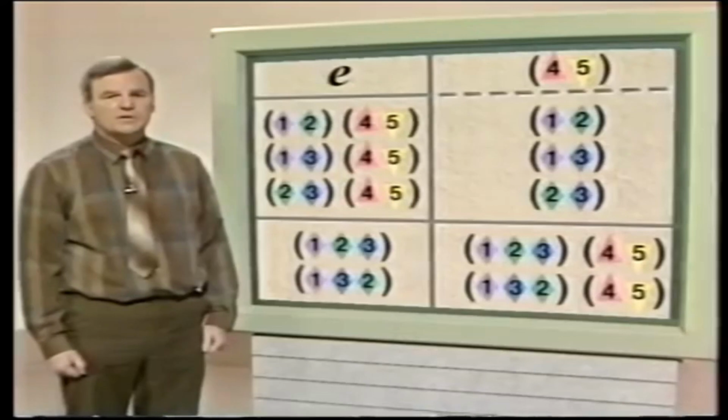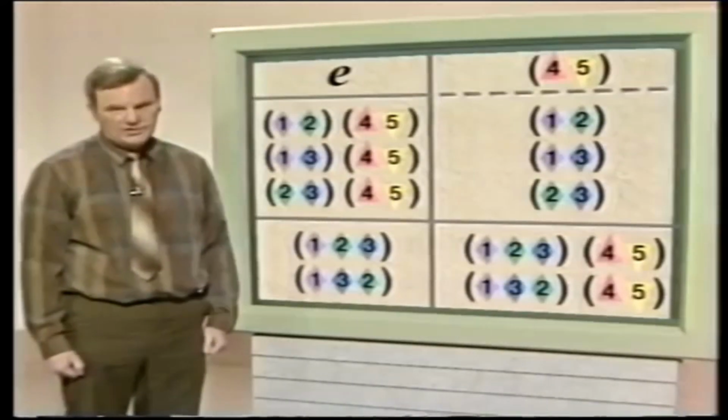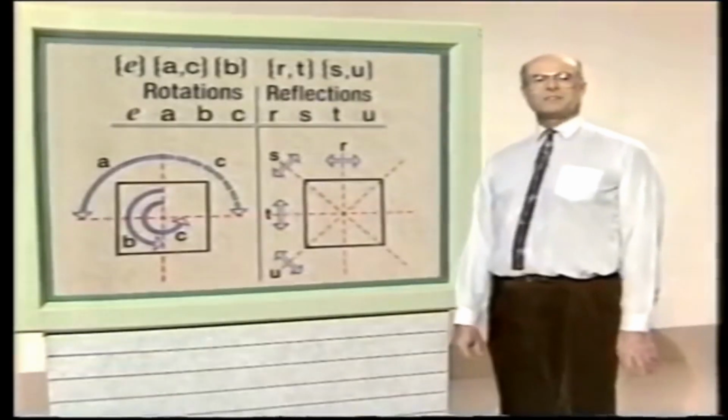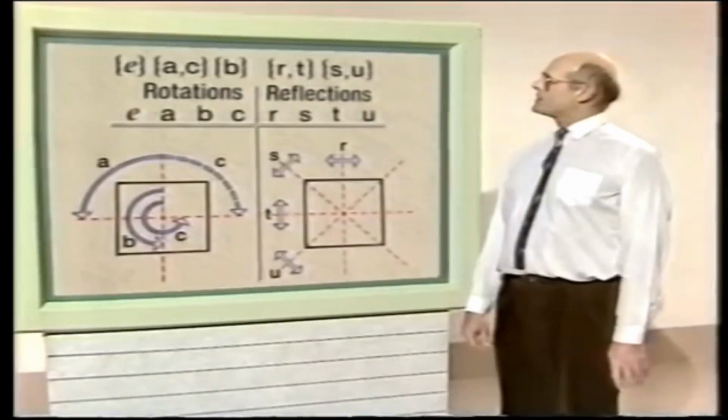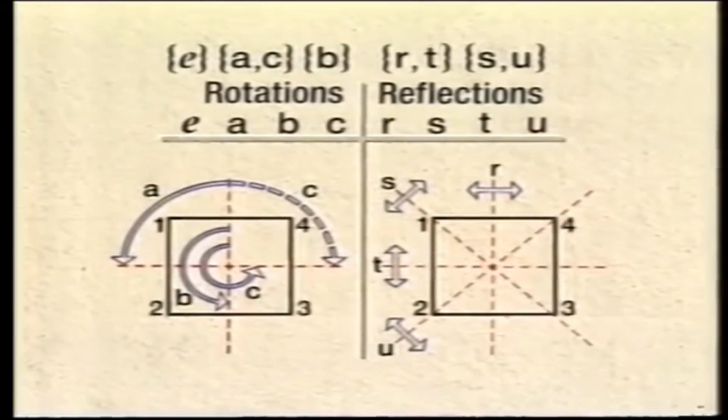But is this possible? Can we have elements of the same cycle structure in different conjugacy classes? In fact, that happened earlier, but we didn't point it out. If we label the vertices of the square, then each of the 8 symmetries can be represented by an element of S4.